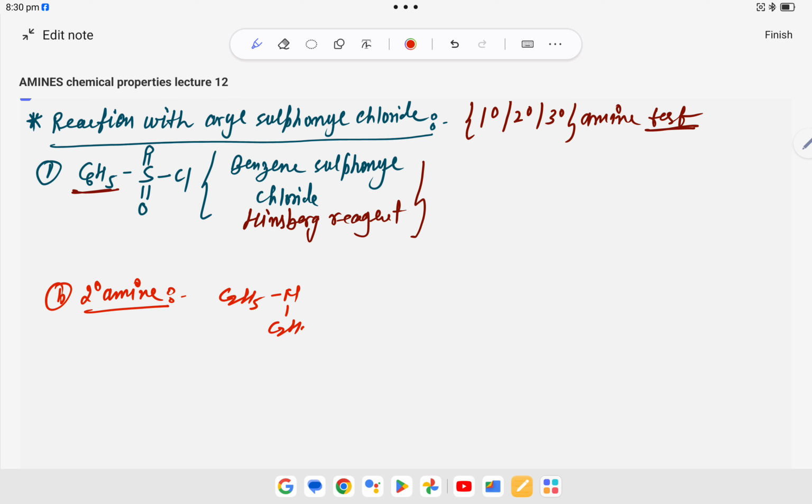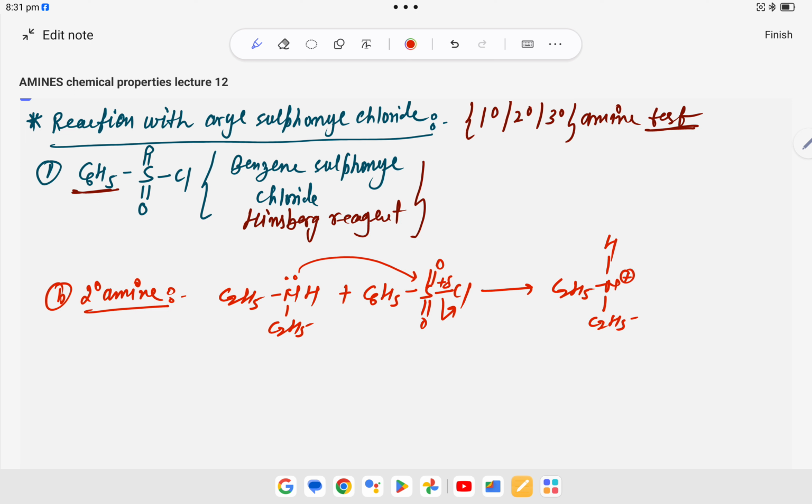C2H5 N, C2H5 and hydrogen, reacting with C6H5 SO2Cl. The positively charged sulfur is attacked and chlorine leaves, giving C2H5 nitrogen positive, C2H5, one hydrogen, sulfur, oxygen, C6H5.